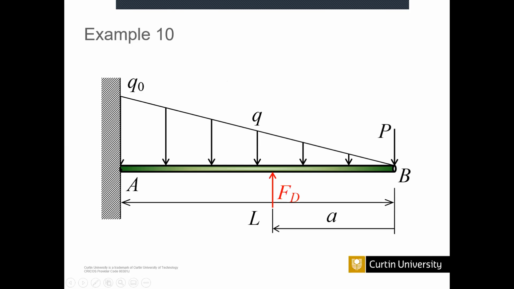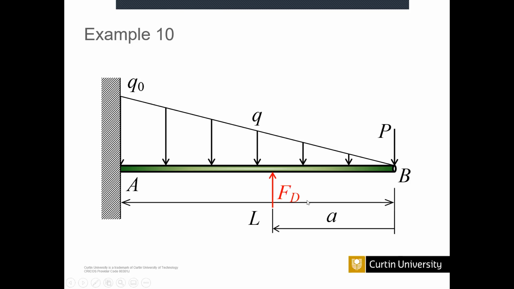At the fixed end, there is a bending moment and vertical and horizontal forces also. If you label the horizontal force, vertical force and bending moment, you have 3 unknowns, and 4 unknowns with FD. Then you would need 4 equations to find FD. That is not the way.